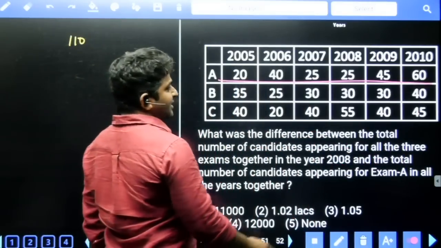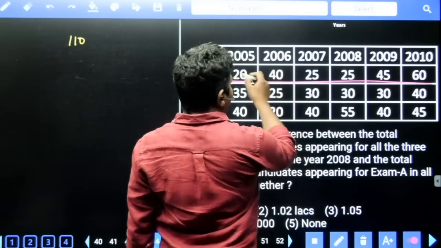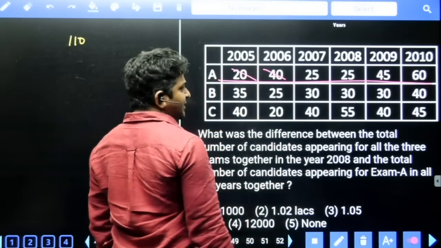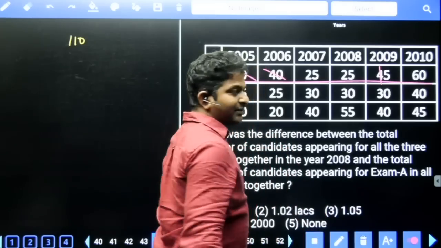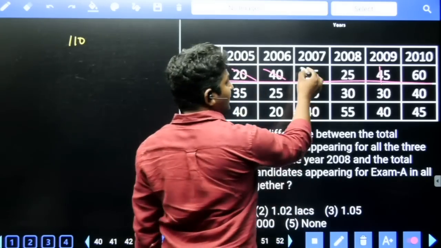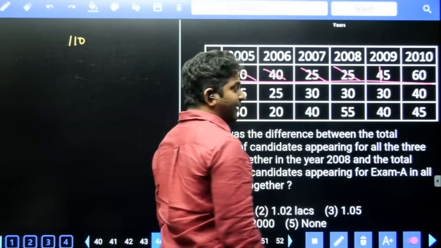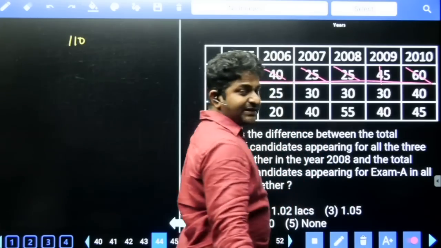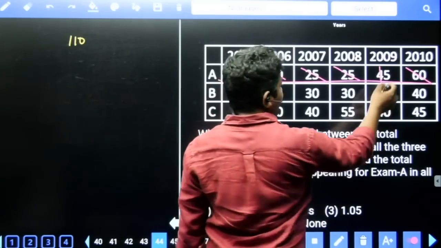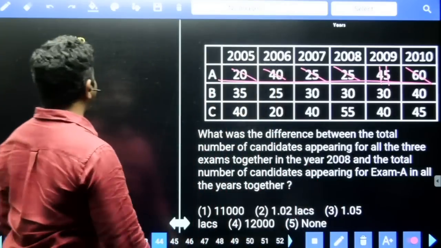Now let's see here. 20 plus 40 is 60, 60 plus 40 is 100, 100 plus 50 is 150, 150 plus 60 is 210, 210 plus 5 is 215.